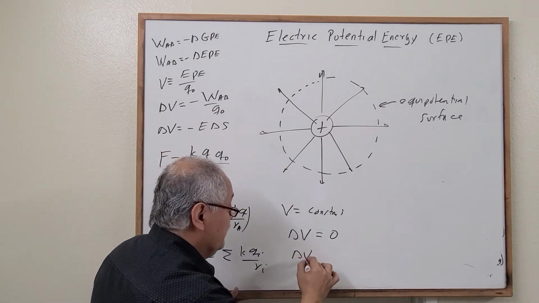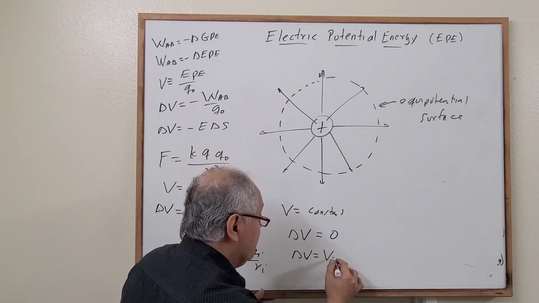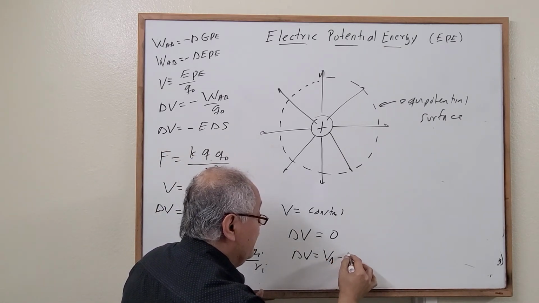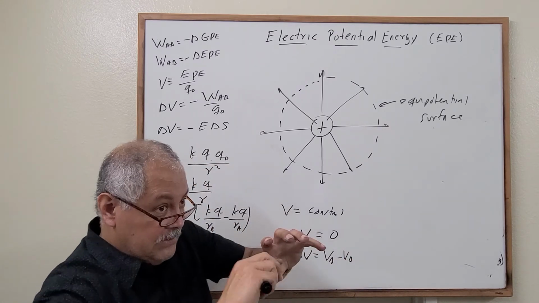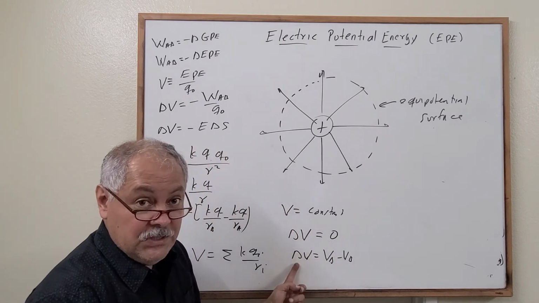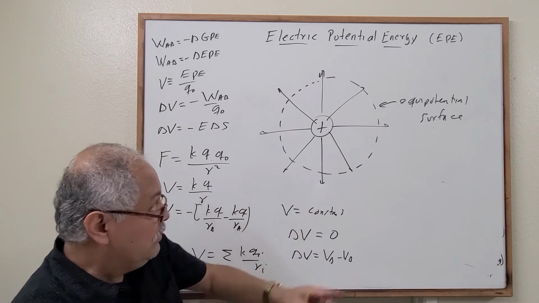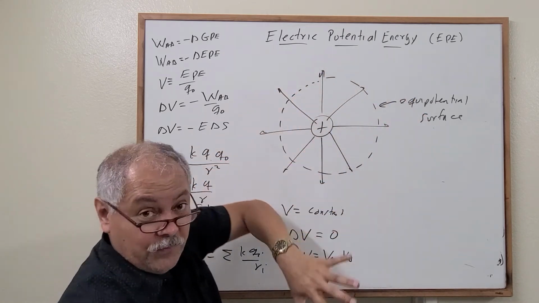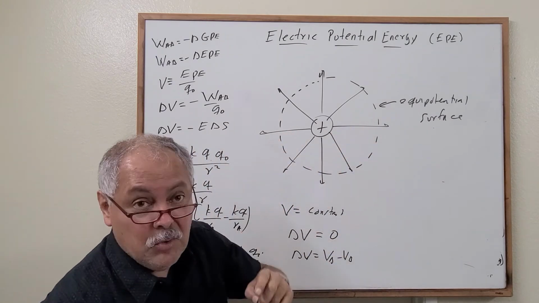Because potential difference equals to, let's say, electric potential at point B minus electric potential at point A. But because they are the same electric potential, so these two are the same, so the change is 0. Meaning that the electric potential is constant. And we call this the equipotential surface when we're dealing with a surface. If this is a line, we call this the equipotential line.